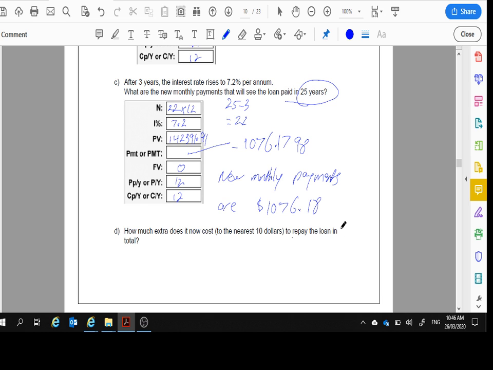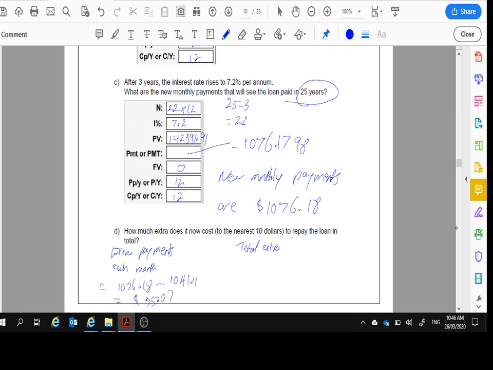So the extra payments each month: he's paying now 1076.18, and he was paying 1041.11, so the extra payments are $35.07 per month.